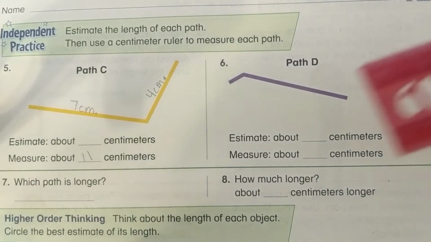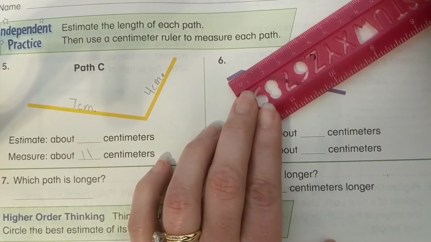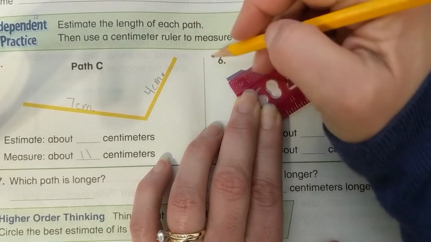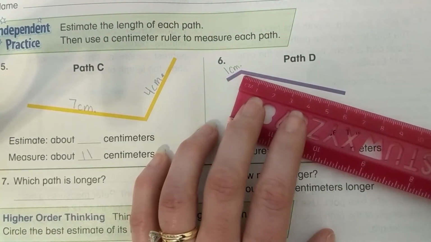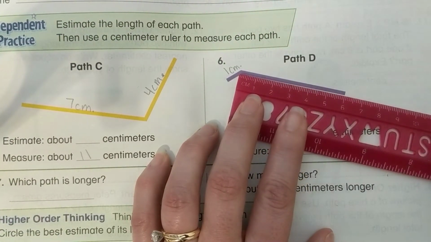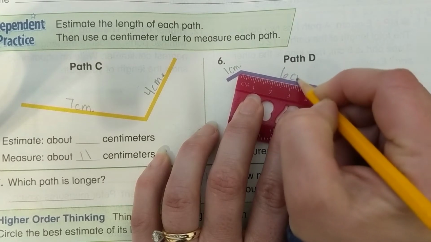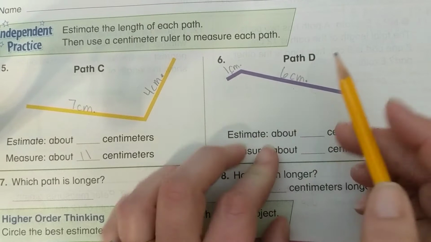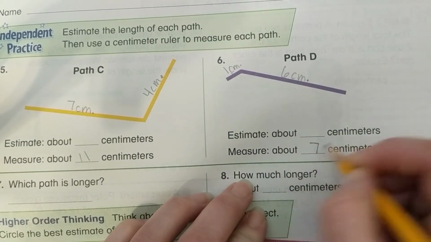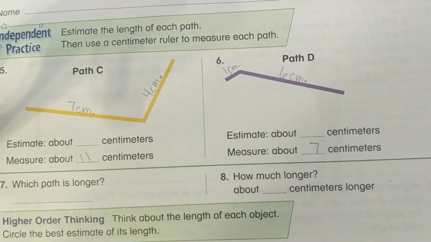Now let's go ahead and measure. Starting at the 0, we land at 1 centimeter. And then on the other side, 6 centimeters. 1 plus 6 is 7 centimeters. Okay, I hope you were getting closer.